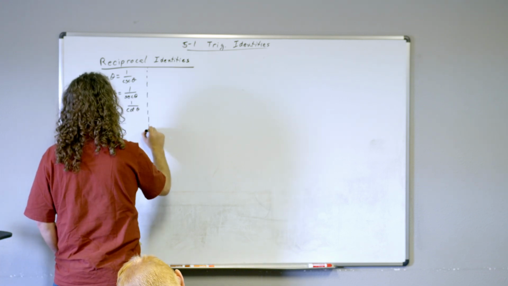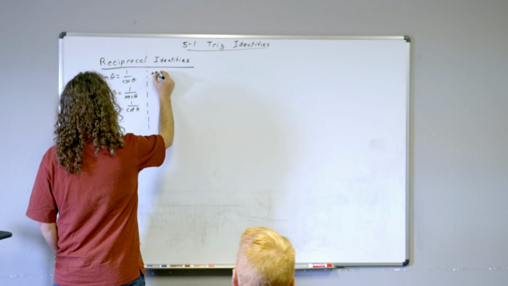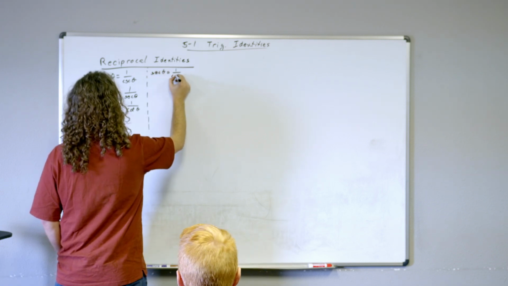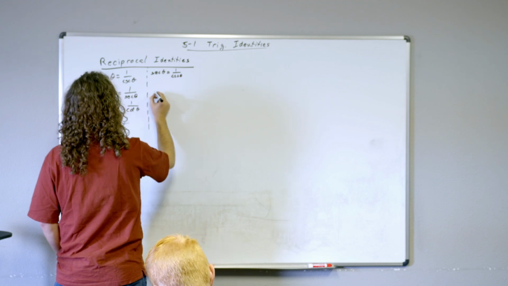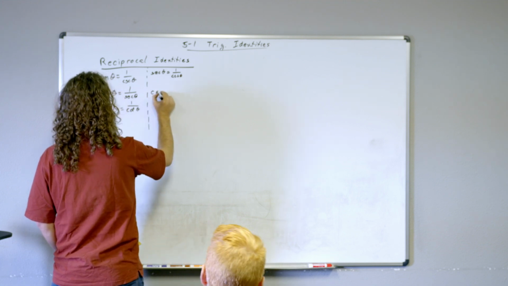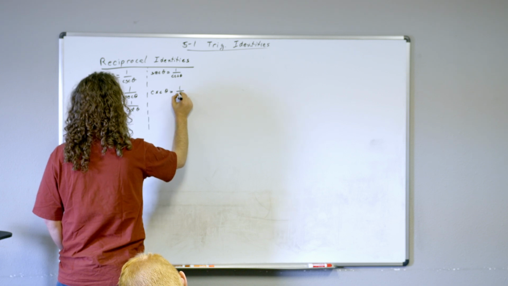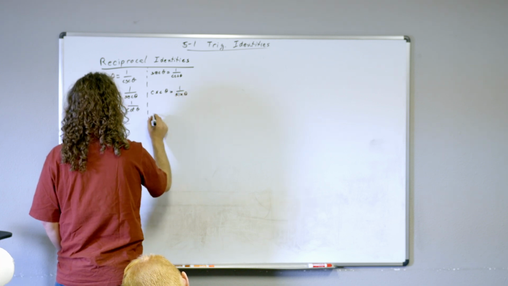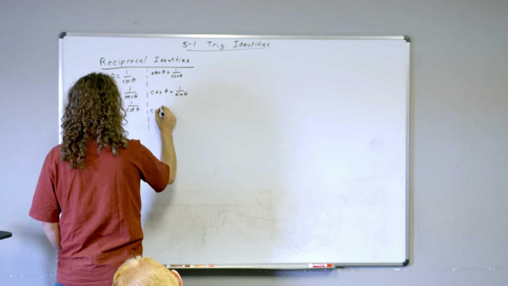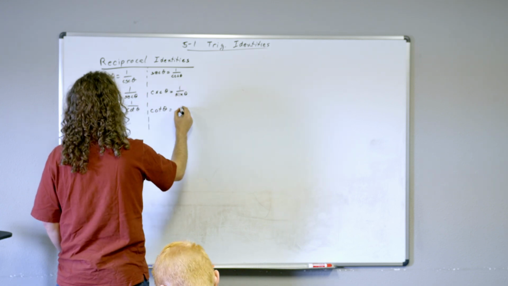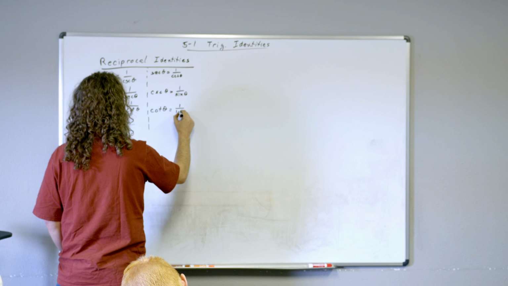The secant of theta equals 1 over the cosine of theta. The cosecant of theta equals 1 over the sine of theta. The cotangent of theta equals 1 over the tangent of theta.